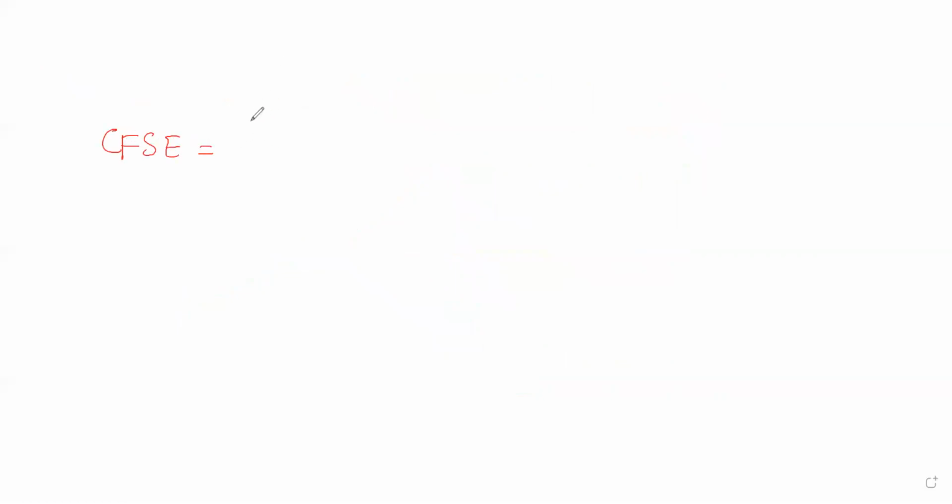So CFSE is, strictly speaking, the number of electrons filled in T2G orbitals. Let us say it is x. X into minus 0.4 delta naught. This is actually the calculation.